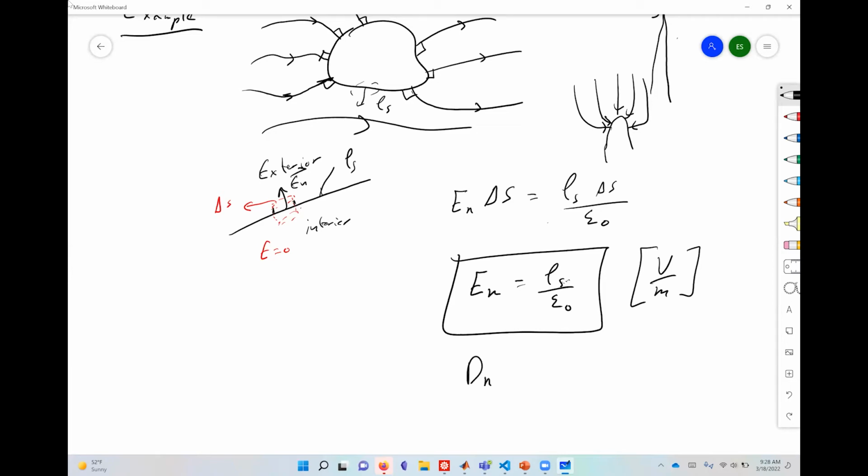We can write it in terms of the flux density vector. So take epsilon naught to the other side, it becomes D_n equals rho_S, which makes sense. The right-hand side is coulomb per meter squared. The left-hand side is coulomb per meter squared.